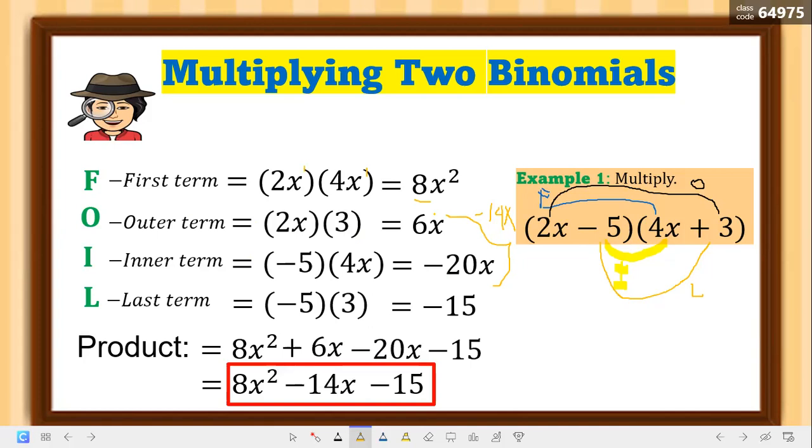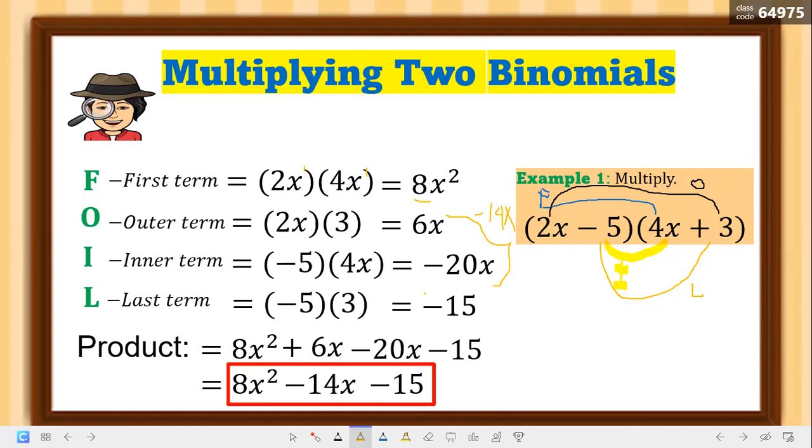Okay, my question is, babalikan natin. Kailan natin ginagamit ang FOIL method? Saan lang siya pwedeng i-apply? Observe nyo yung given example natin. Kapag nag-test kayo, magagamit ko ba yung FOIL method na to? Kailan mo ba malalaman na pwede ito sa pag-multiply ng polynomials?